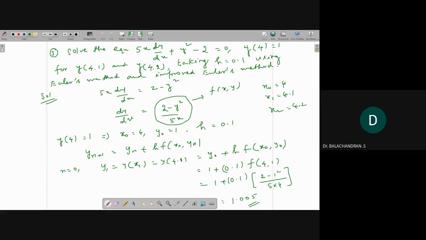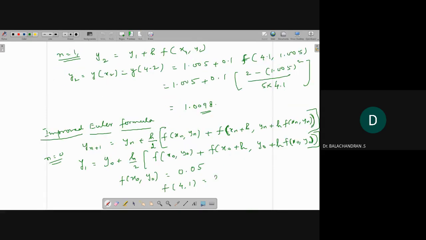The function is (2 minus y square) by 5x. So 2 minus 1 is 1, 1 by 20, which is 0.05. Already in the previous calculation you got this one. Okay, so that is 0.05.